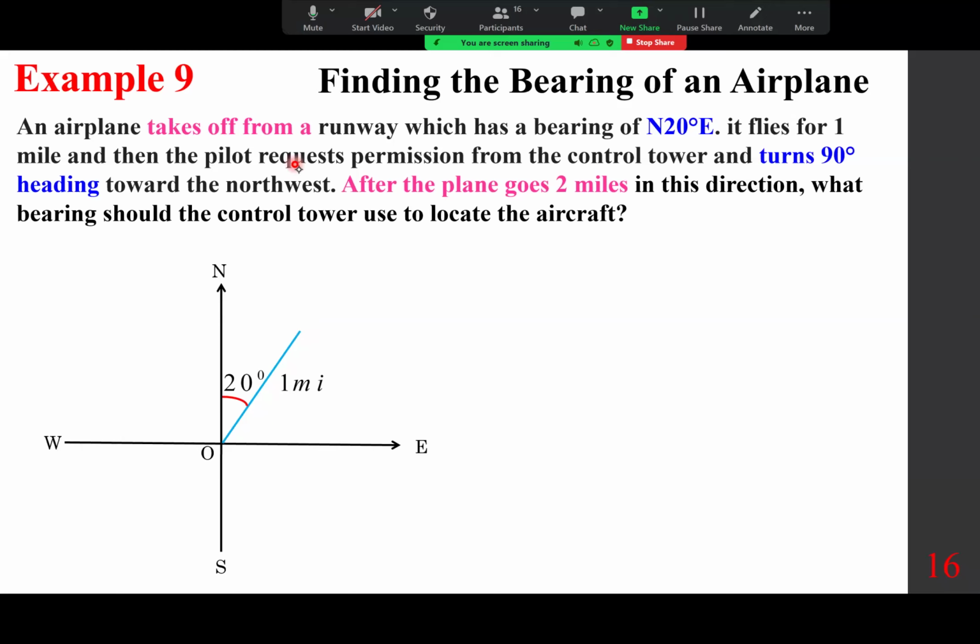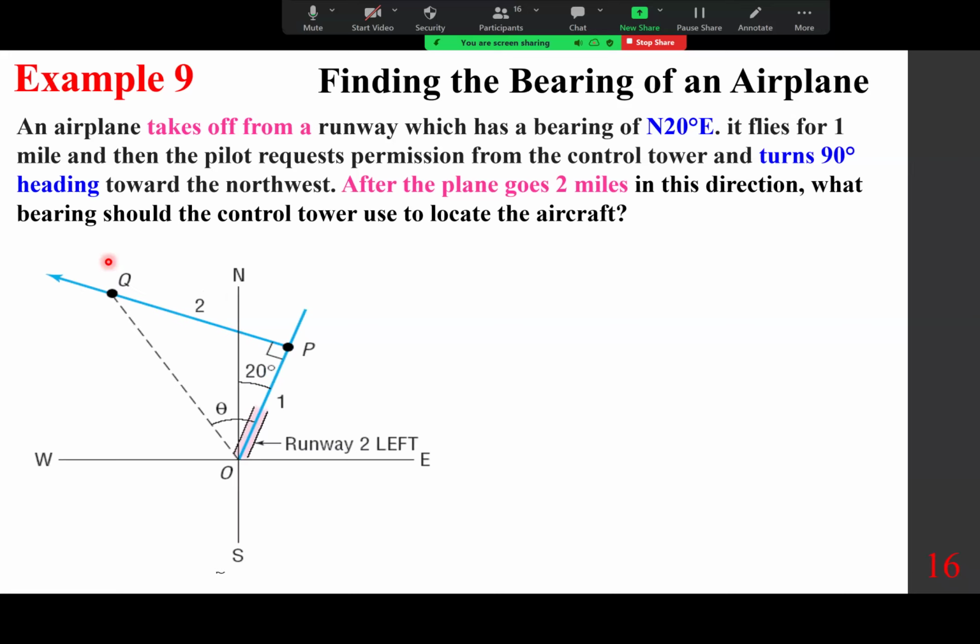And then the pilot requests permission from the control tower and turns 90 degrees heading towards northwest, so this way. And this angle is 90 degrees. After the plane goes for 2 miles in this direction, what bearing should the control tower use to locate the aircraft?